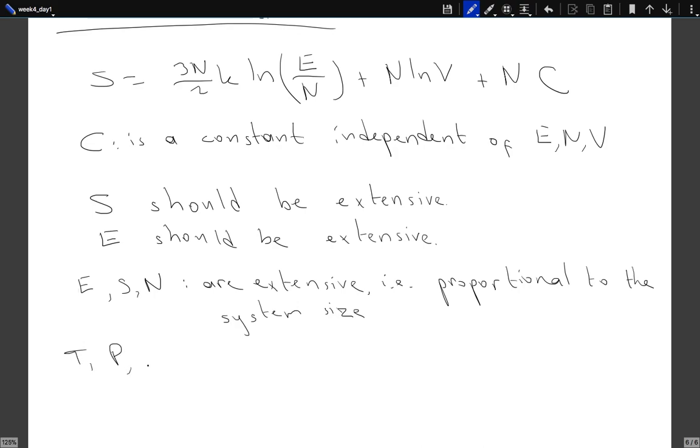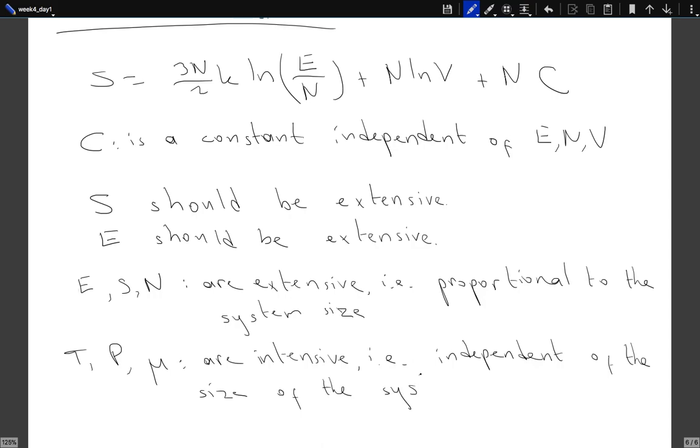Temperature, pressure, chemical potential. These are intensive properties. Well, why do we expect the entropy to be an extensive property?